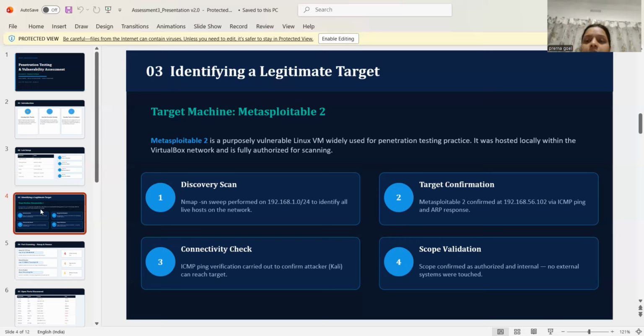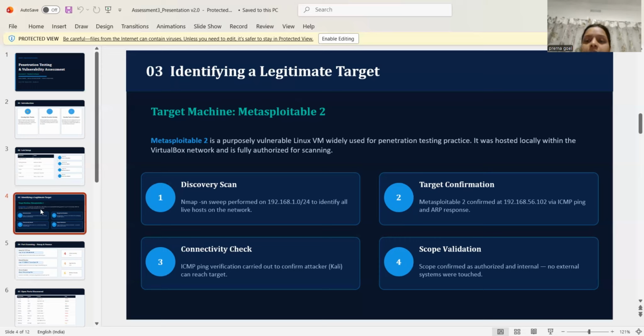Next, we performed a full TCP port scan using Nmap to identify open ports and running services. We also demonstrated firewall evasion techniques and used Nessus to perform an automated vulnerability assessment.